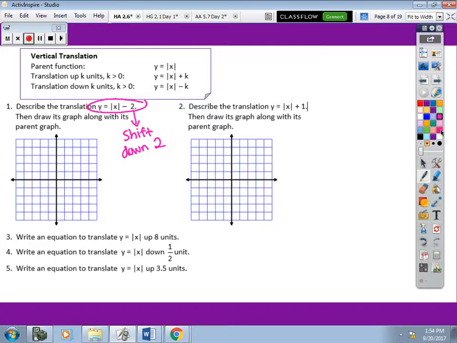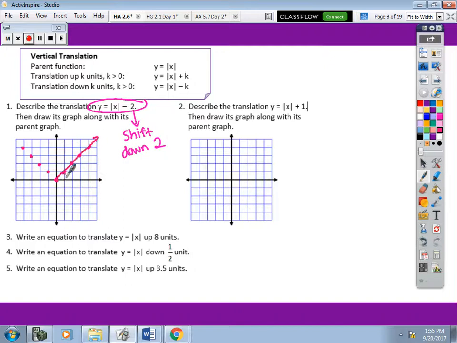Okay, now the parent function, remember, is just a plain old y equals absolute value of x, which starts at the origin. The origin is your vertex, 0, 0. Okay? The one side will have a positive 1 slope, and the other side will have a negative 1 slope. So you're going to go up 1 over 1, 1 over 1, and also up 1, backwards 1.